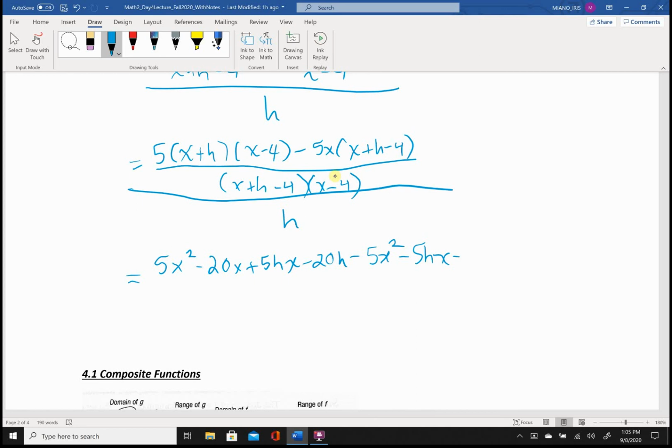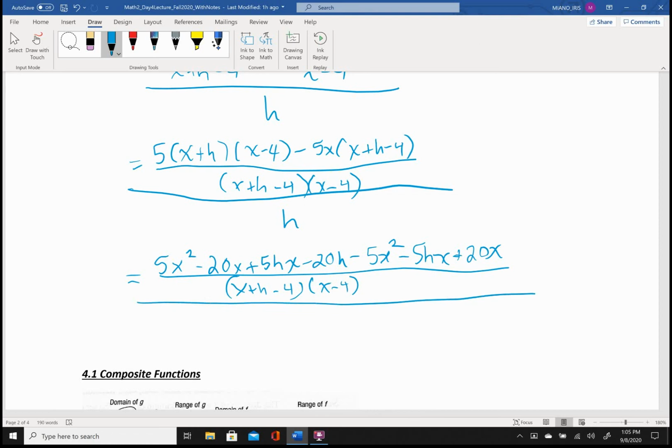Or plus 20x, excuse me. Because that negative and that negative distribute through to be plus 20x. And this is all still over x plus h minus 4, x minus 4. And now this is over h. Cool. What a mess. Don't worry, we'll get through this.